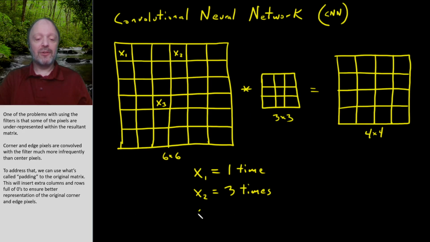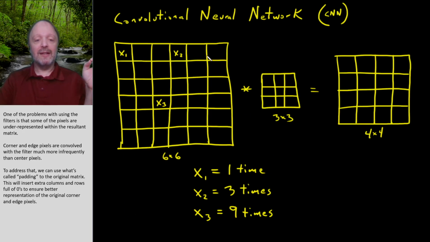What about x sub 3? How many times does that get interacted with? That gets interacted with 9 times. So that is the maximum number of times that a pixel will be interacted with in a 3x3. Every time that filter is moved, it interacts with a different one of the positions on the filter that pixel does. So we can see a problem.